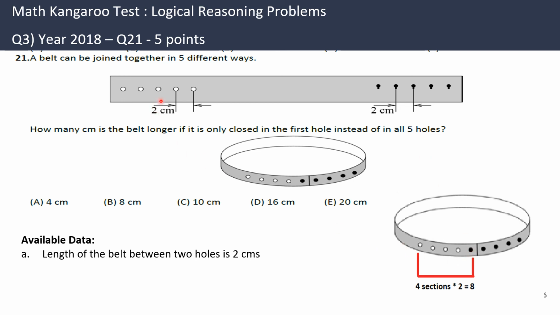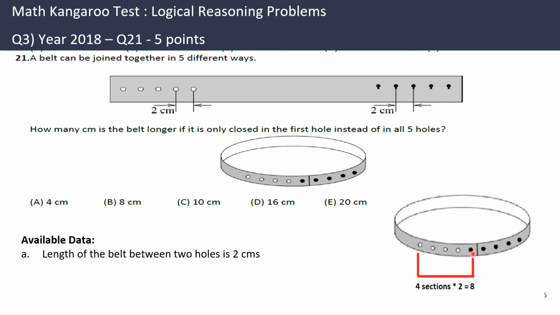We know that the distance between these 2 holes is 2 centimeters. So let's count the number of sections. If we multiply by the centimeters for each section, we get the final answer. There are 4 sections. That's 1, 2, 3 and 4.